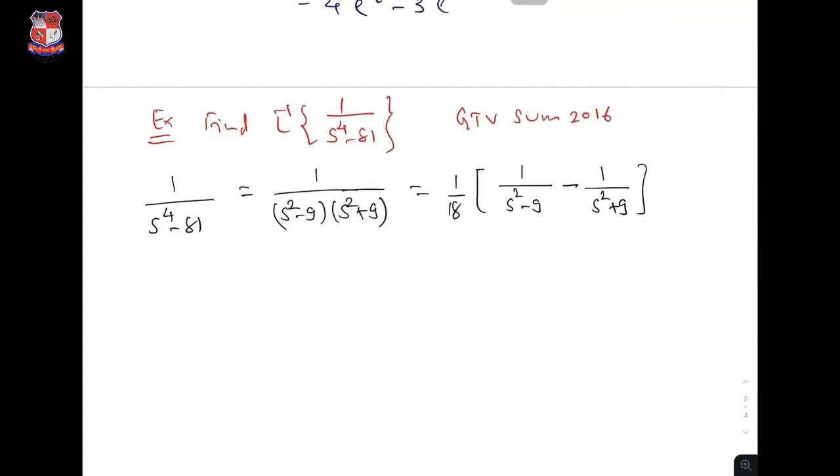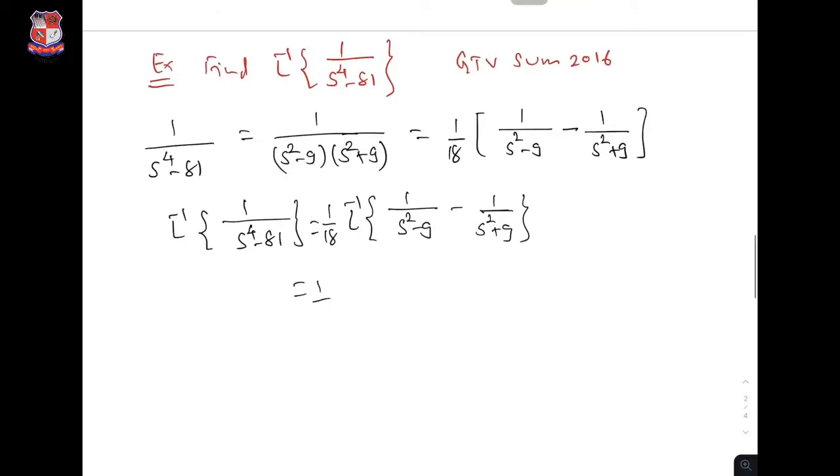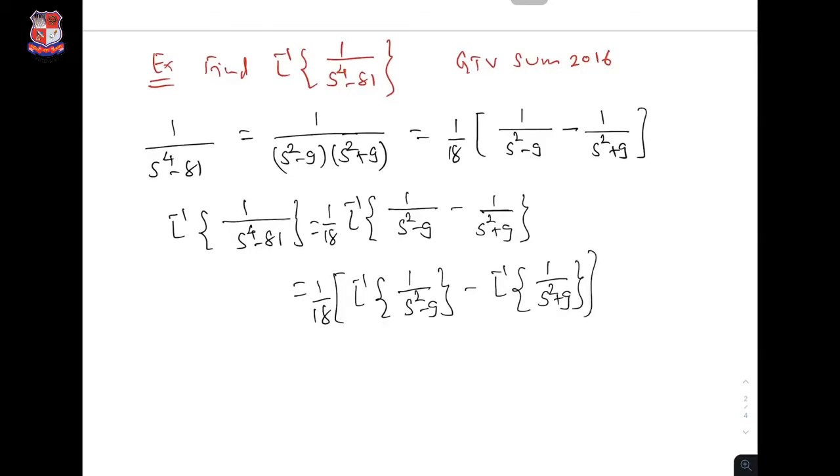And then we know the inverse Laplace transform of 1 over s square minus a square and 1 over s square plus a square is easy. So the inverse Laplace transform of 1 over s power 4 minus 81 equals the inverse Laplace transform of, taking this 1 over 18 outside, 1 over s square minus 9 minus 1 over s square plus 9. So this is 1 over 18 times the inverse Laplace transform of 1 over s square minus 9 minus the inverse Laplace transform of 1 over s square plus 9.